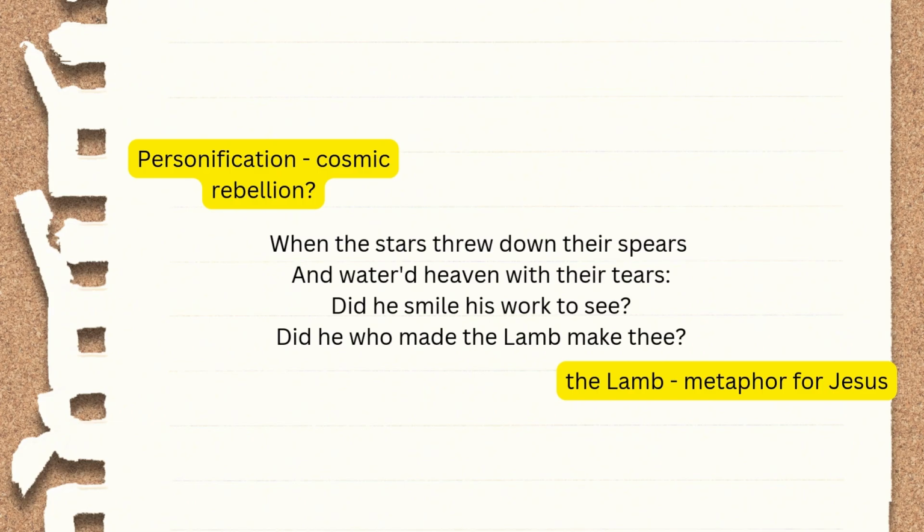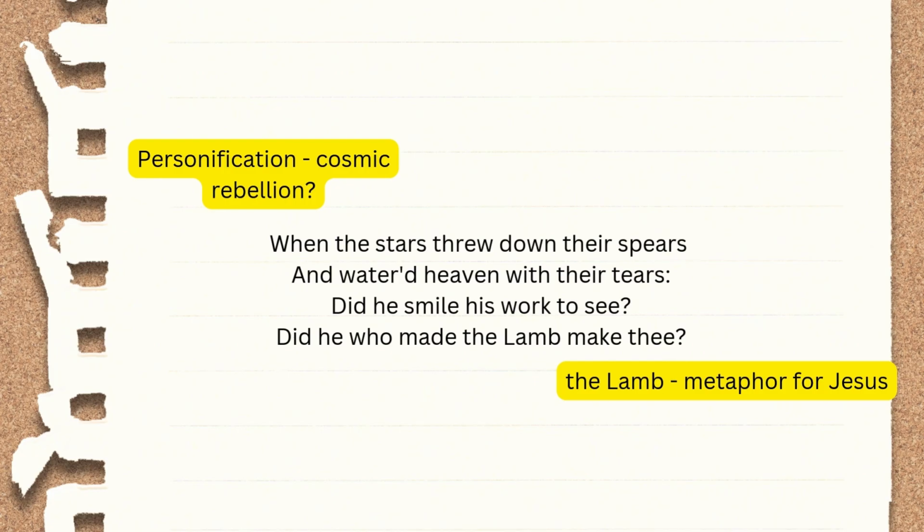So first of all, the stars are devastated by the creation of this tiger, but they're also attacking. They threw down their spears. They tried to stop this. So we've almost got this idea of cosmic rebellion, that other spiritual beings had to try to fight against God, but God is so powerful that they couldn't.